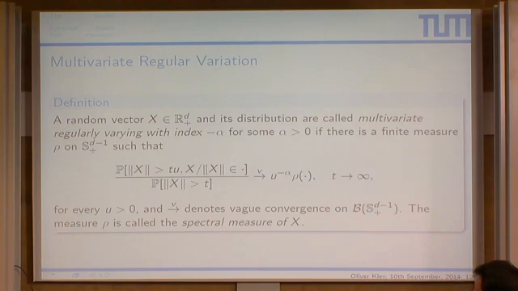Here a norm appears. This is the norm with respect to which the unit sphere is defined. And this measure rho is on the unit sphere, and here you should plug in the set you're interested in. So you scale x down to the unit sphere.